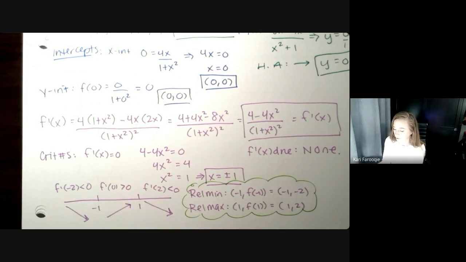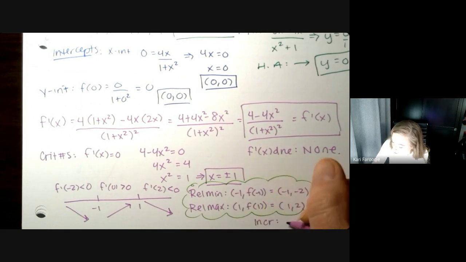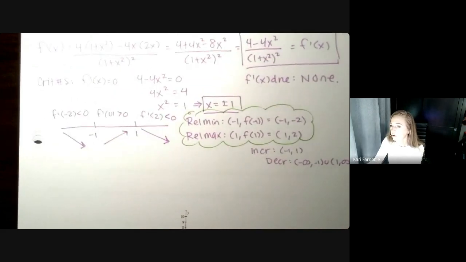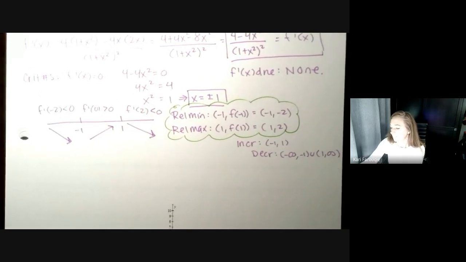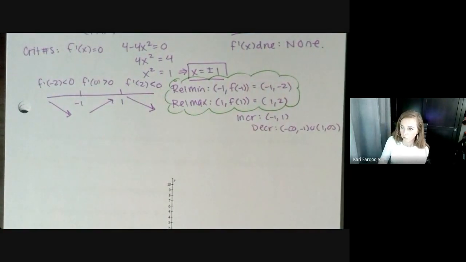But now that I've made this whole hoopla about talking about it, we'll say that your function is increasing on -1 to 1 and decreasing on -infinity to -1 and +1 to +infinity.